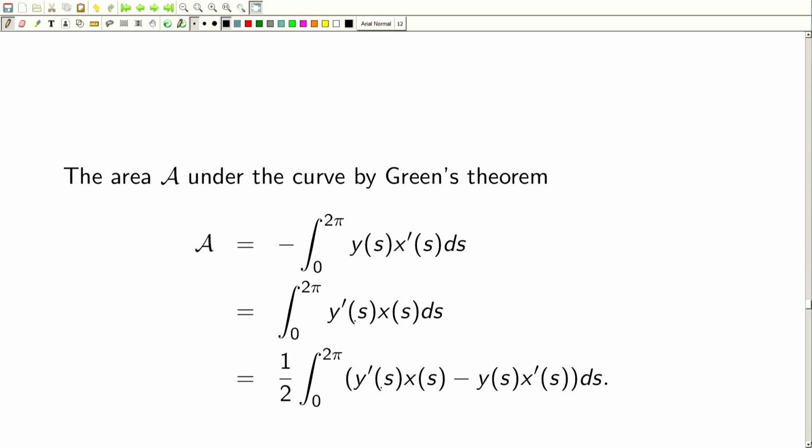This is a standard fact from calculus, and it is very important to know that this is what our area is. And if we want to be very careful, y is of course a continuous function, and x prime of s has to be integrable. So, we can take a C 1 curve, that means x prime is also continuous, and then the question of integrability is no more a problem.